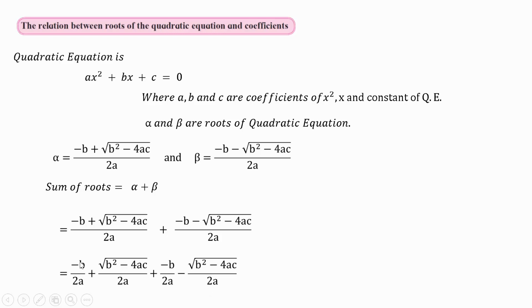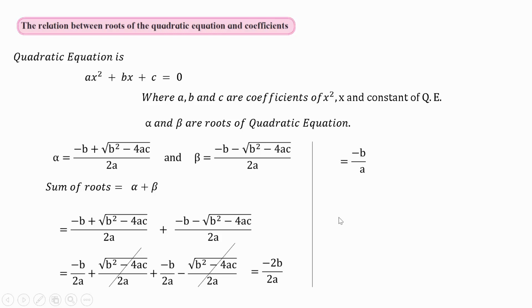Here minus b by 2a plus minus b by 2a, and the terms plus under root of b square minus 4ac by 2a and minus under root of b square minus 4ac by 2a get cancelled. Therefore we get minus 2b upon 2a, and the 2 cancels, so the value of alpha plus beta is equal to minus b by a.